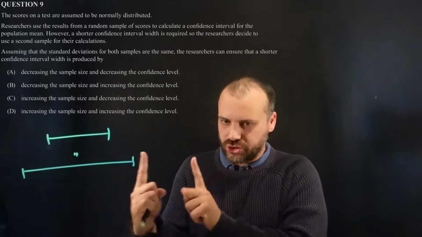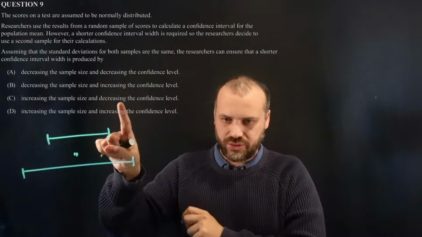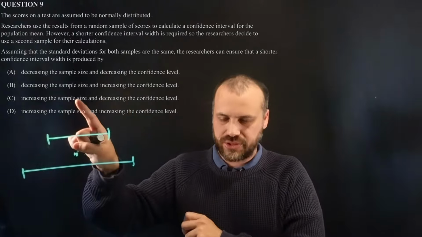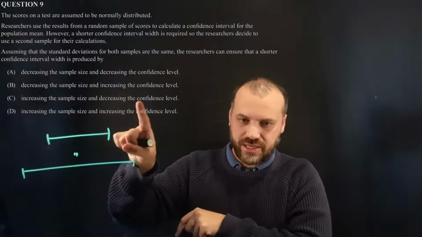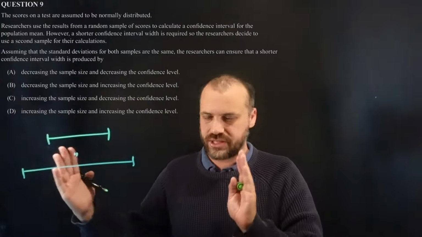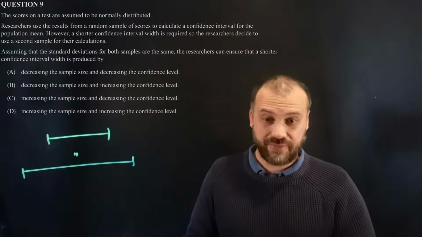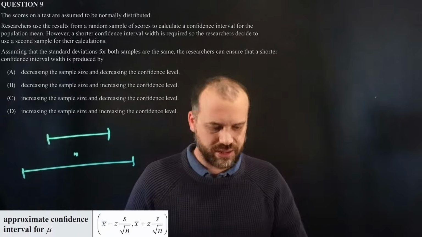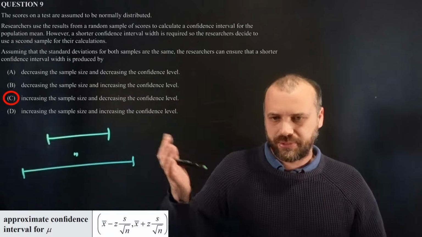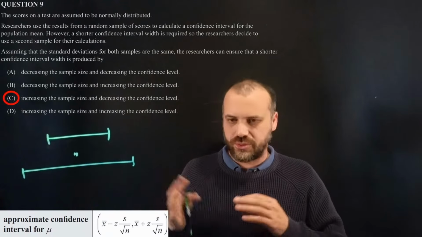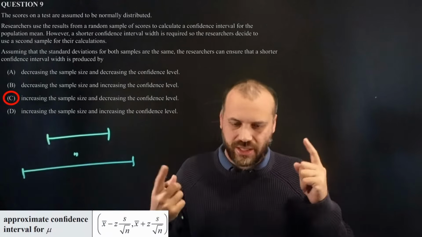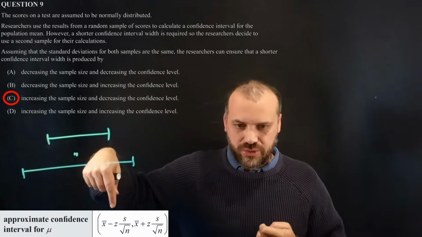So if I want to shorten it, I need to increase my sample size, right? That'll do that. But I also need to decrease my confidence level. All right, so my answer here is C. Now, before that, you can see my little formula came up here. If you're not confident with doing that kind of logical thinking it out, how it all works, you can use this.